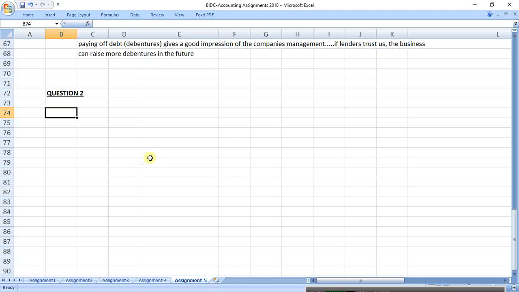So you've got 2 columns, income statement for the year ended. Okay, so that's obviously the heading.